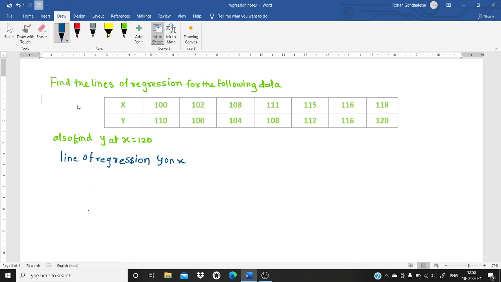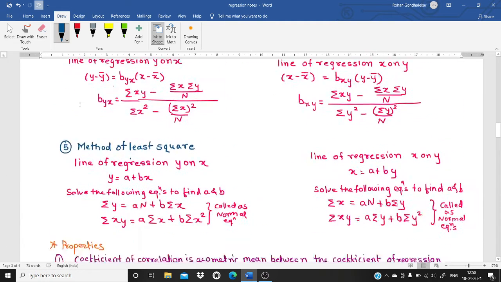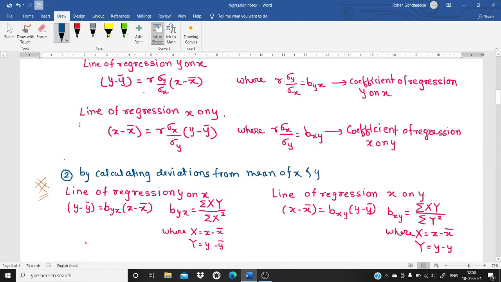Line of regression y on x. What is the equation? Y minus y bar is equal to byx into bracket x minus x bar. What is the formula for byx? The byx is summation capital X into capital Y divided by summation capital X square. Go through formula number 2.